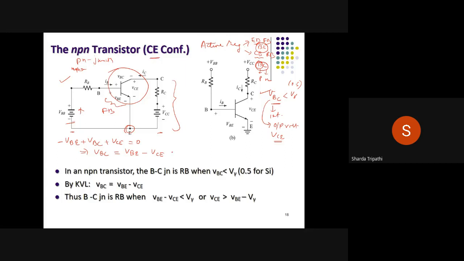And this voltage VBC must be less than the cut-in voltage V gamma for this junction to be reverse biased. VBE I know will remain constant, equal to 0.7 volt. For VCE I need the condition, and the cut-in voltage I know is equal to 0.5 volts. So if you do the rearrangement, this condition translates to the fact that as long as VCE is greater than 0.2 volts, the second junction is going to be reverse biased.